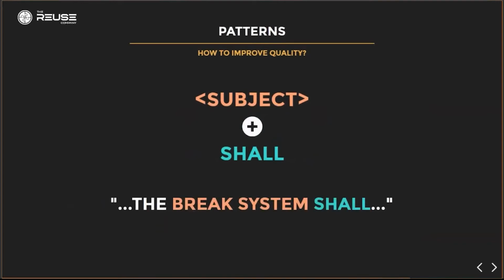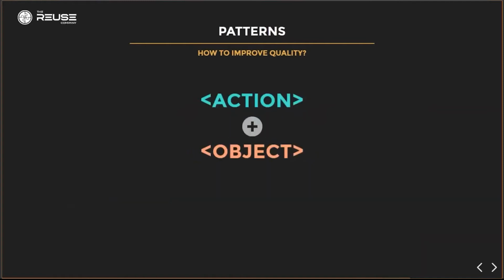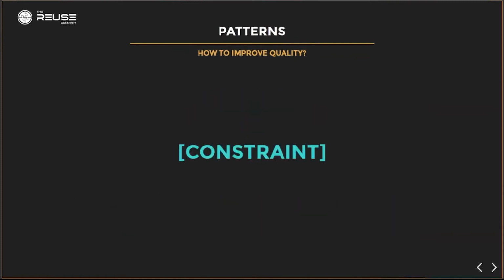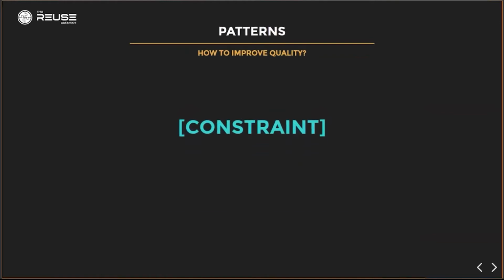In this case, the brake system, which is a subsystem within our overall one, shall. And what does it do? An action plus an object, stop the acceleration engine. And now finally, we add a constraint, okay, in less than 20 milliseconds, right?